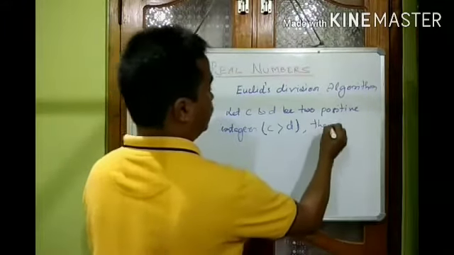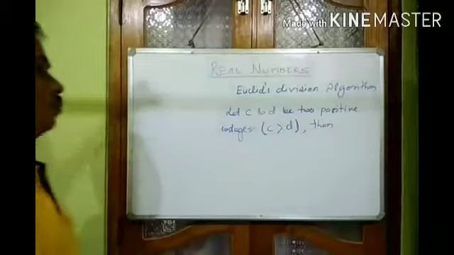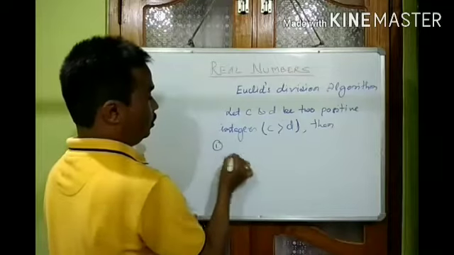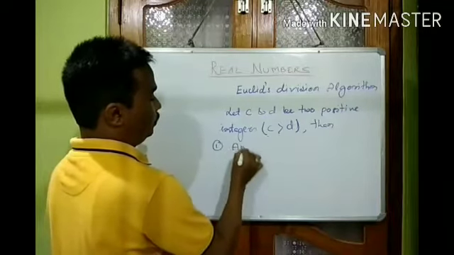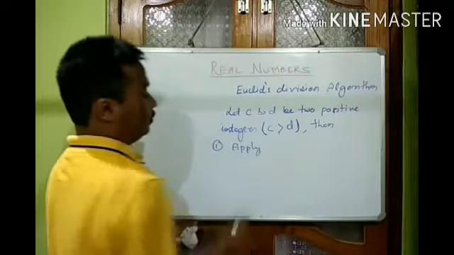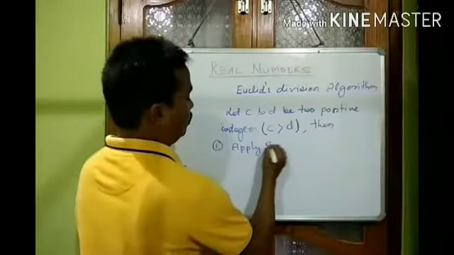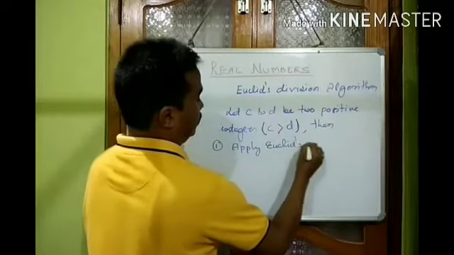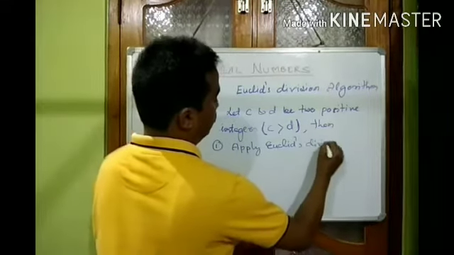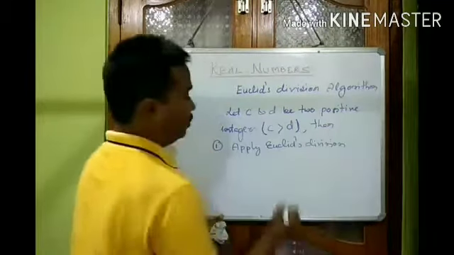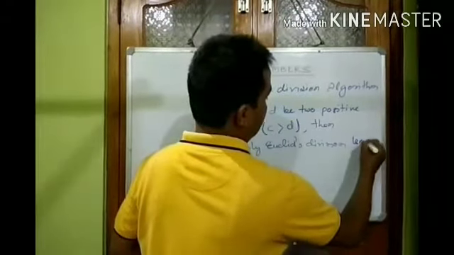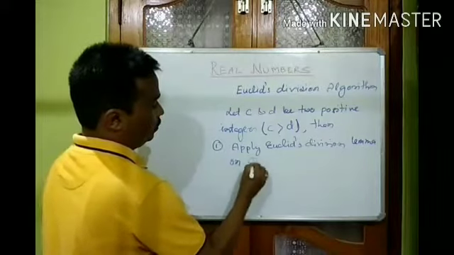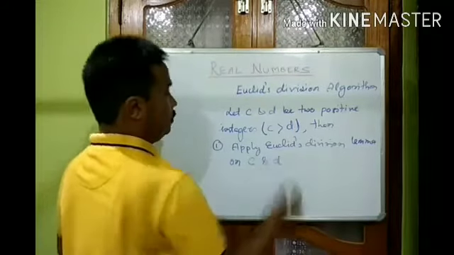Then for finding the HCF, step 1: apply Euclid's division lemma on c and d.